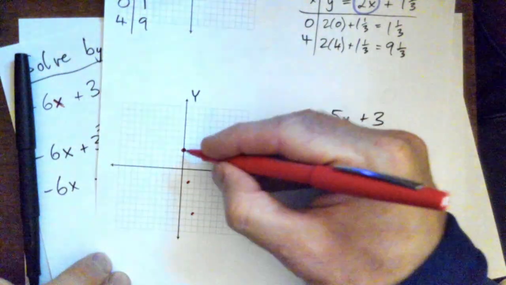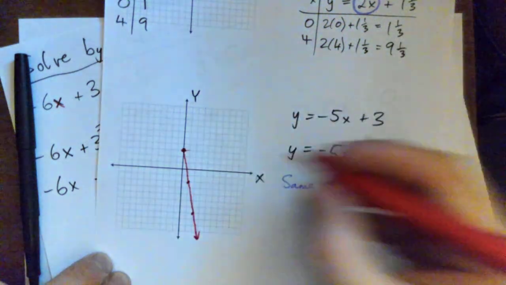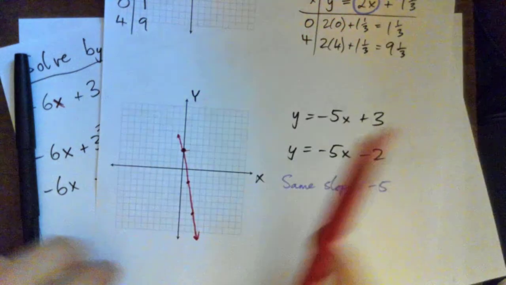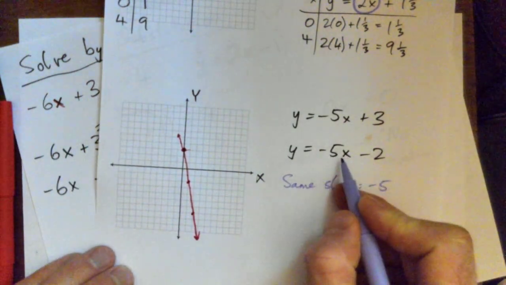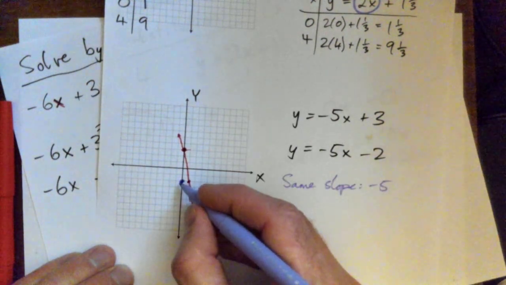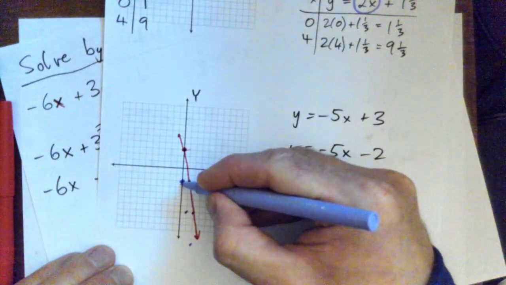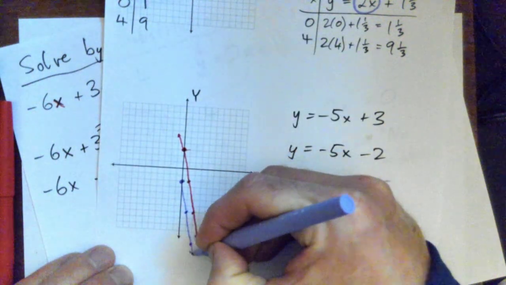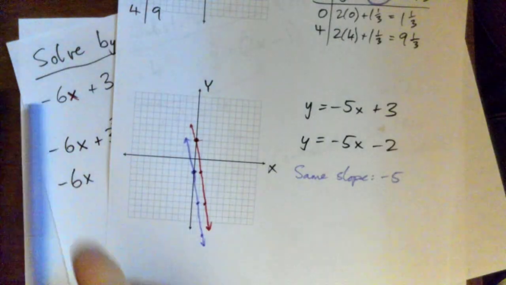And this one, I'll call this the purple line, starts at negative 2, and the slope is negative 5, so over 1, down 5, over 1, down 5, and so on. And so you find that these lines are also parallel. They've got the same slope but a different y-intercept: parallel lines.